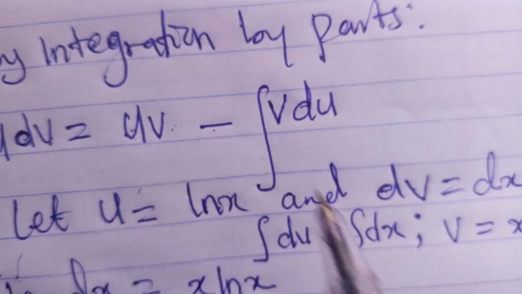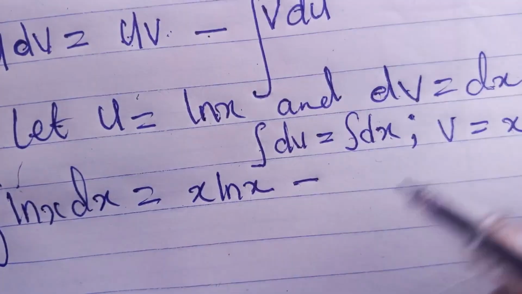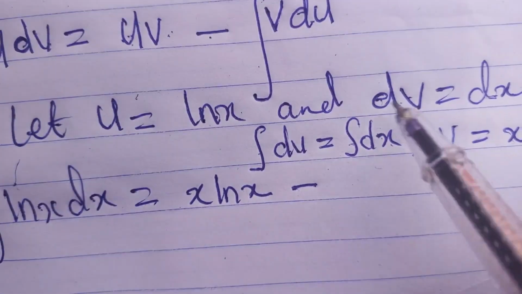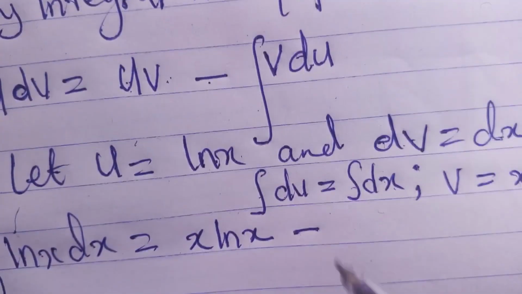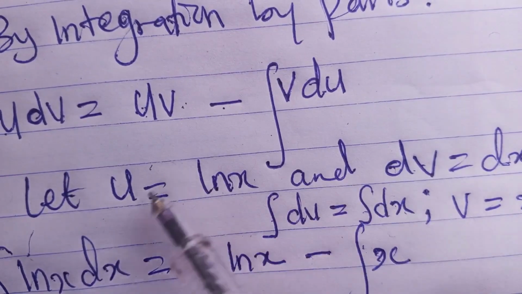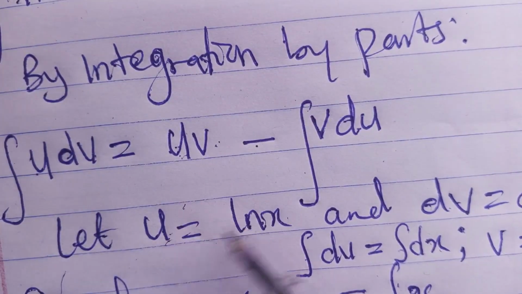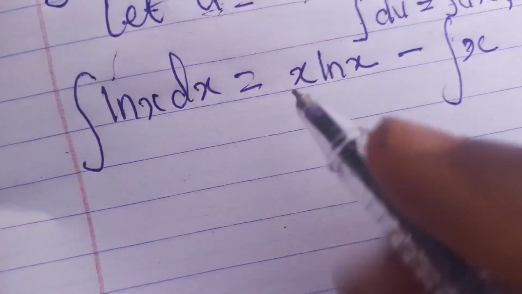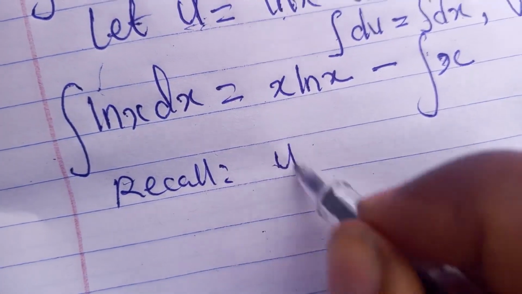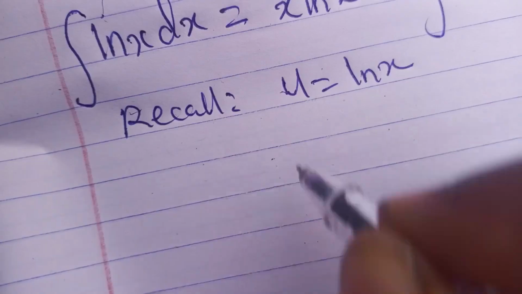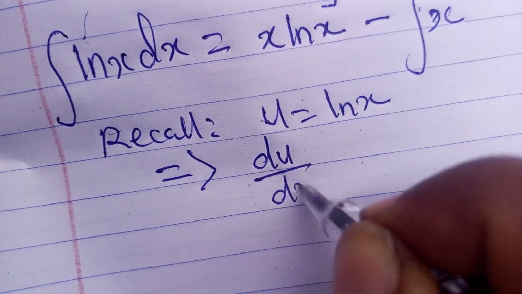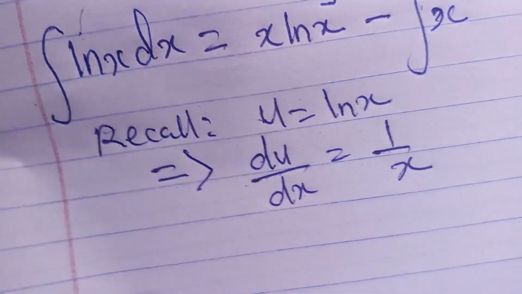then minus the integral of v du. So our v here is x, then du. Recall u equals ln x, so it implies that du over dx equals 1 over x.